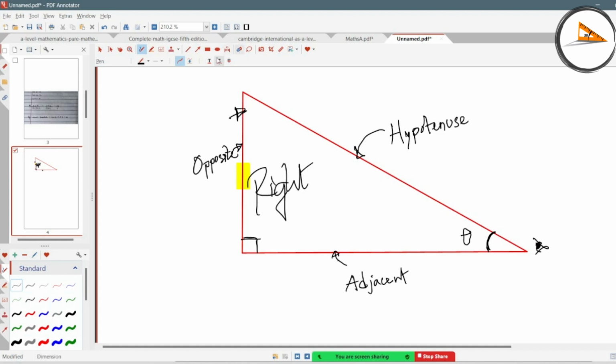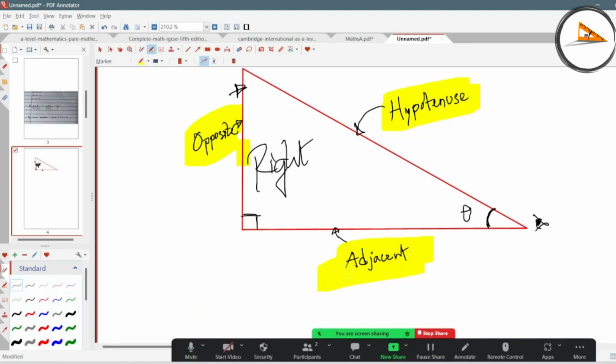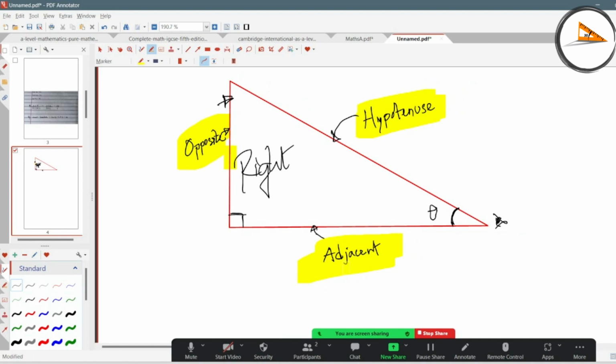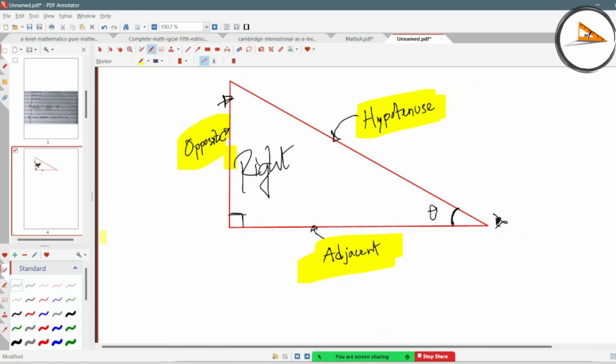So to understand trigonometry, we should know these three words: opposite, hypotenuse, and adjacent. If you know these three, then trigonometry gives us three functions that we can use.